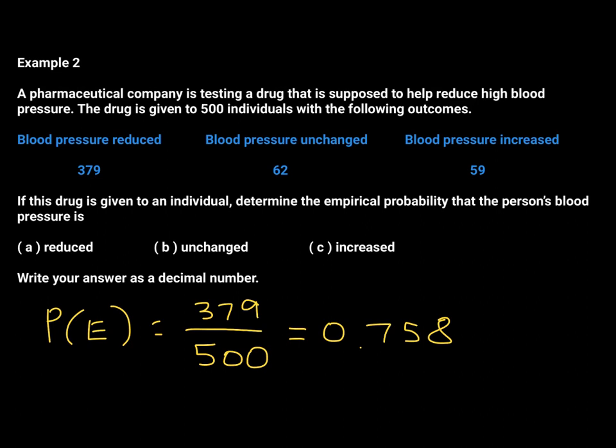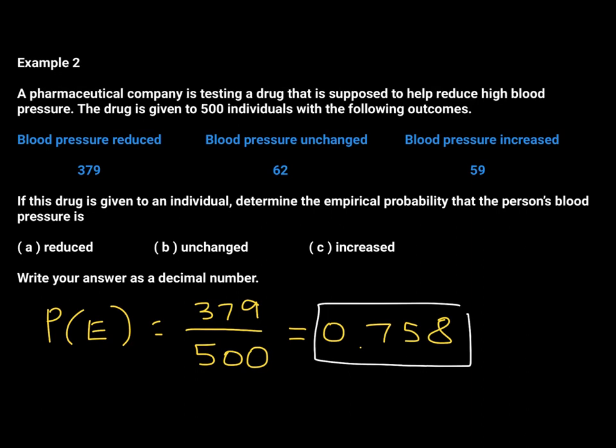Okay, so this is the answer for the probability that if I wanted to take this drug, I can change this to a percentage, 75.8%. Let's just say about 76% chance that it's going to work for me, that my blood pressure will be reduced.